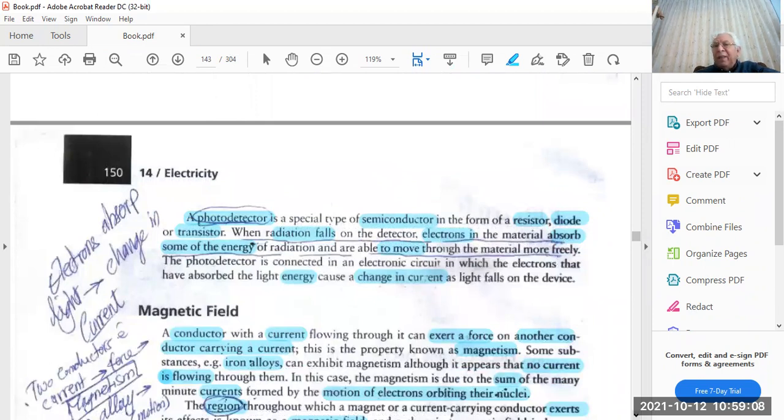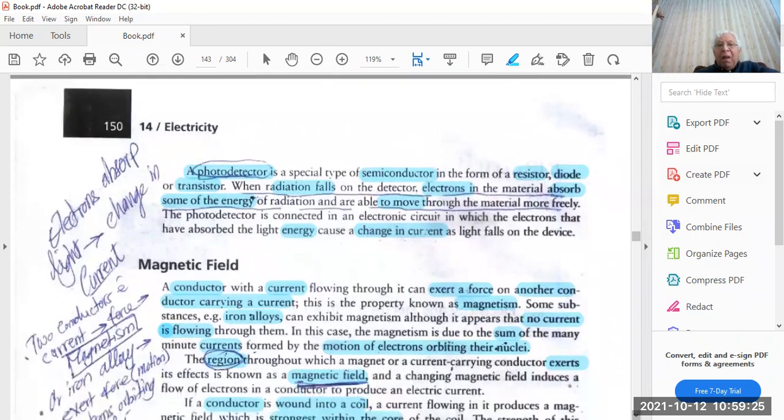A photodetector is a transducer. As we see, it can change the energy source from light to an electrical form. It is some sort of semiconductor.